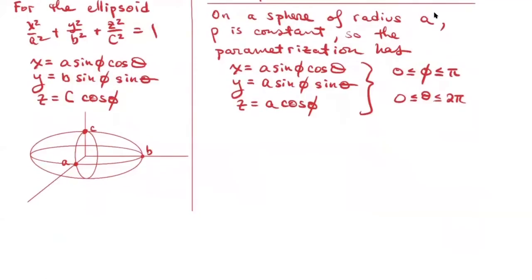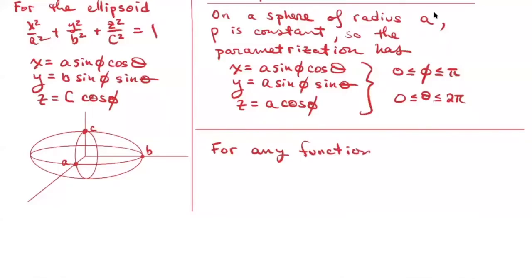How about this one? For any function like z equals f of x y, you could do x is u, y is v, and then z would be f of x y, so that would be f of u v.